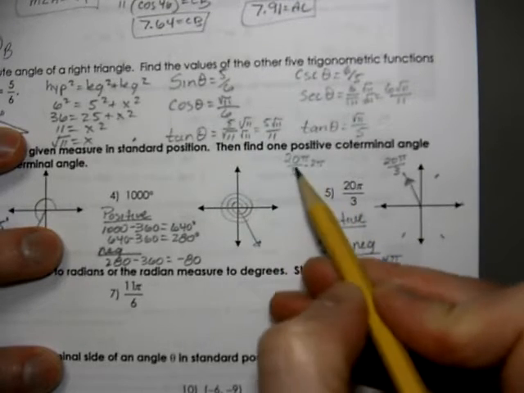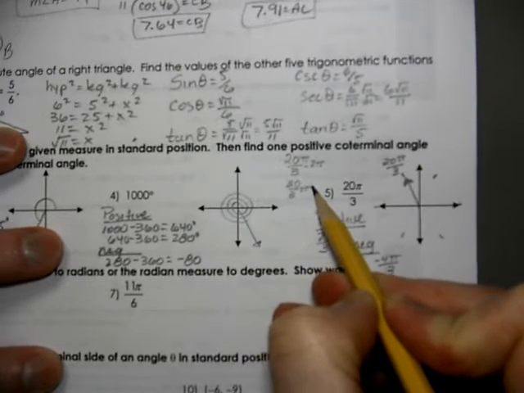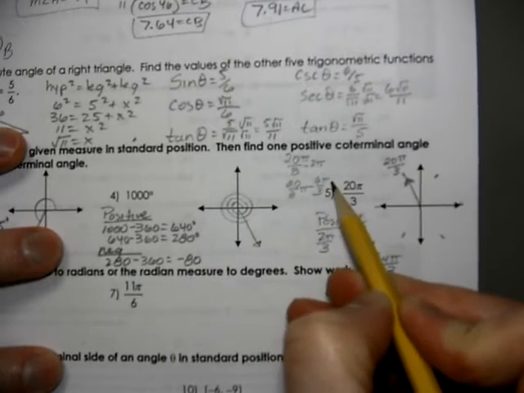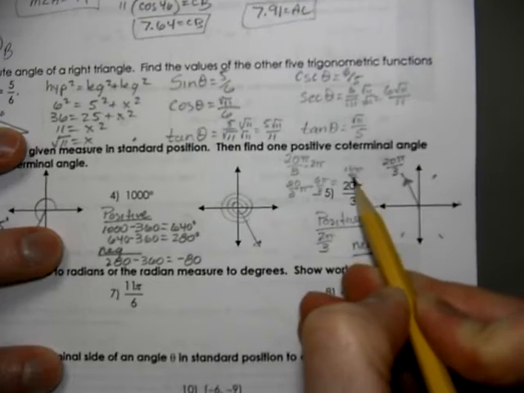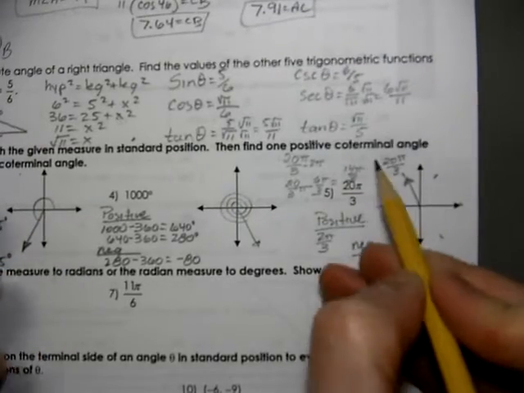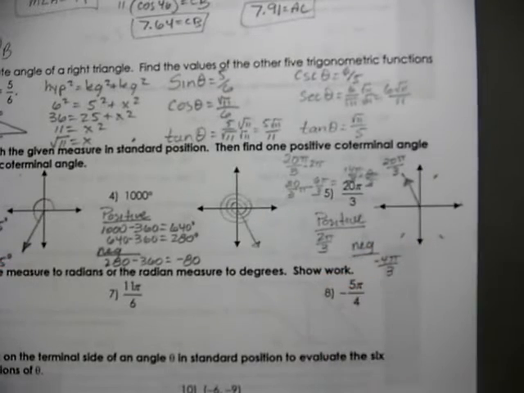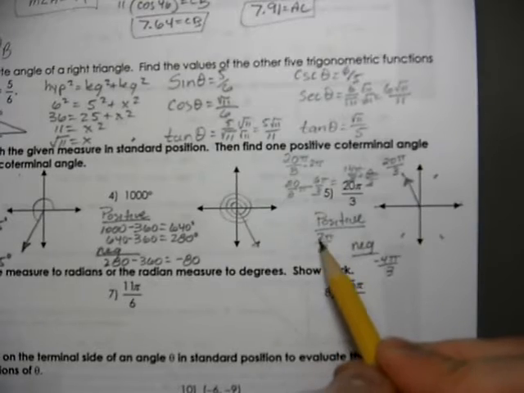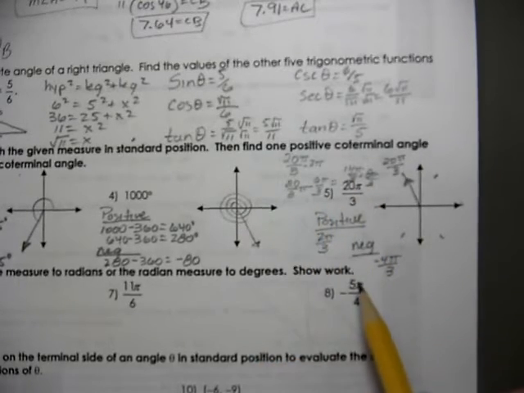Well, when you subtract 2 pi, that would be minusing 6 pi over 3. So you now have common denominators. So that would be 14 pi over 3. Minus 6 more pi would be 8 pi over 3. 6 more pi would give you the 2 pi over 3. So those are different ways that you could show how you came up with 2 pi over 3.